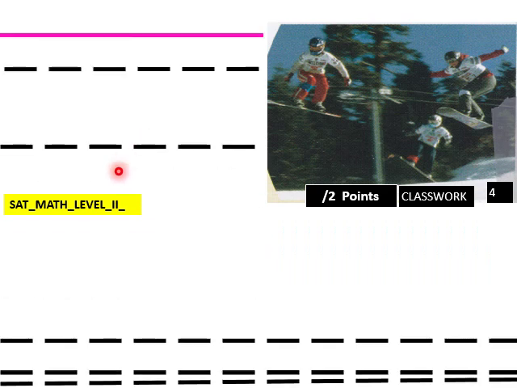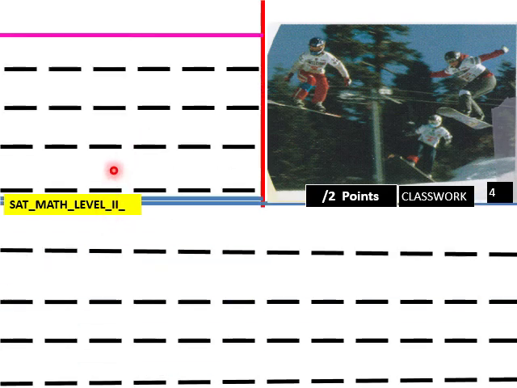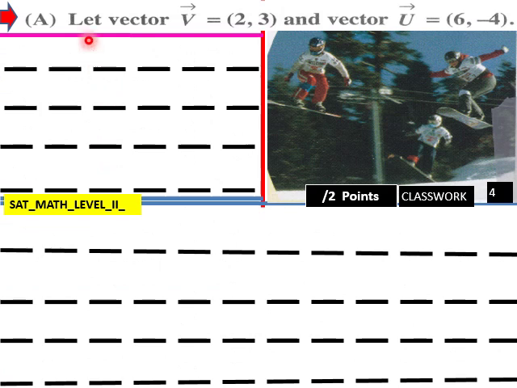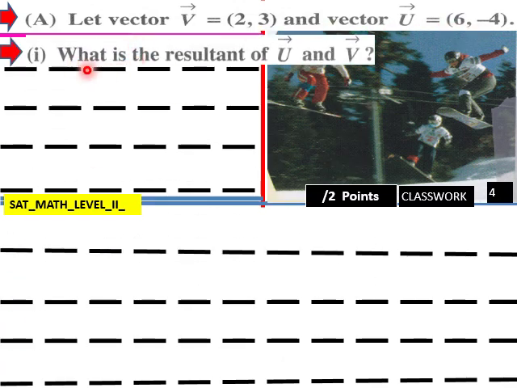Okay, let's try an example here. A, let vector v equal 2, 3 and vector u equals 6, negative 4. When we do that, what is the resultant of vector u and vector v?